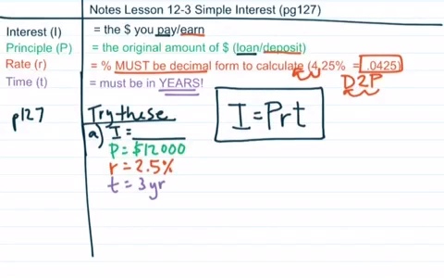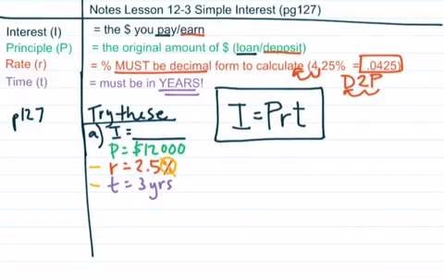So before we begin anything, first thing we need to do, we have 2 things we need to check. First thing we need to check is the rate, and then we need to check our time, because we have a couple things that must be in the right form. So for the rate, since I have this percent, a lot of people, when they're first changing percent to a decimal, there's a decimal in this percent, and a lot of people just want to kind of erase this, and say, okay, it says a decimal now, it's 2.5.